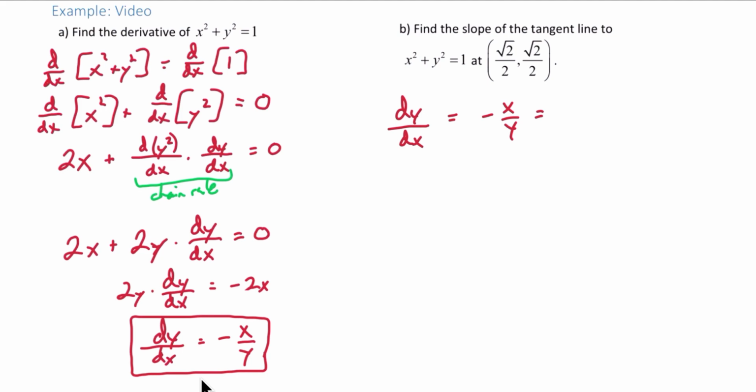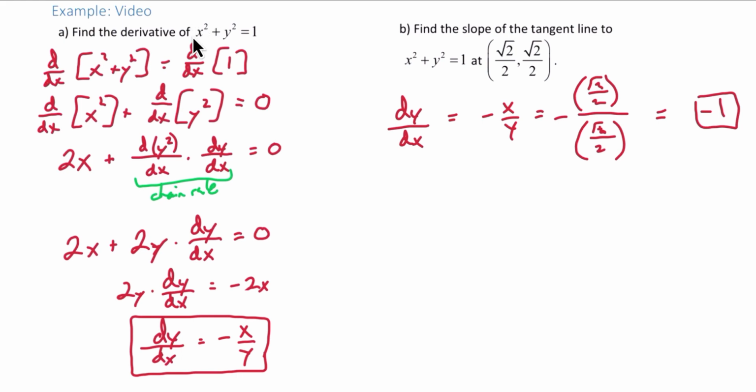We're given that the x value is the square root of 2 over 2, and we're given that the y value is the square root of 2 over 2. And now we just simplify, and we get negative 1. So the slope of the tangent line at the given point is negative 1.